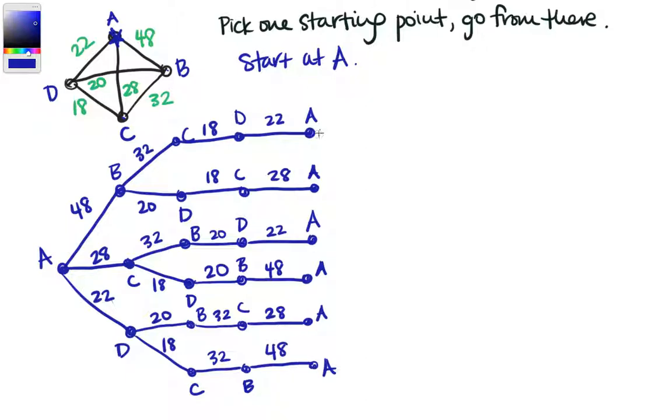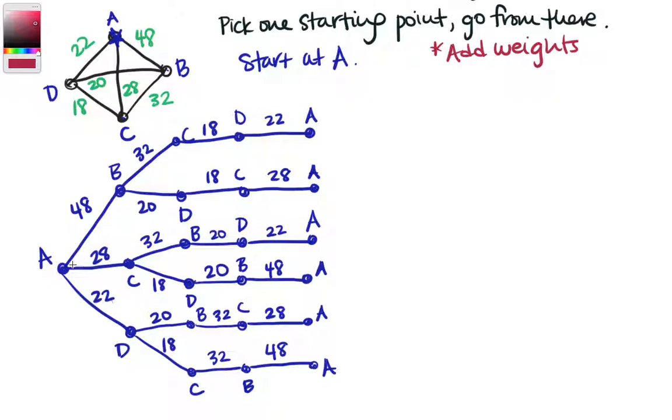So we've listed out 1, 2, 3, 4, 5, 6 Hamilton circuits. They all are circuits. They all visit every vertex exactly once, except they start and end at the same one. Now what we're going to do is compute the weight on each one. We're going to add the weights together.